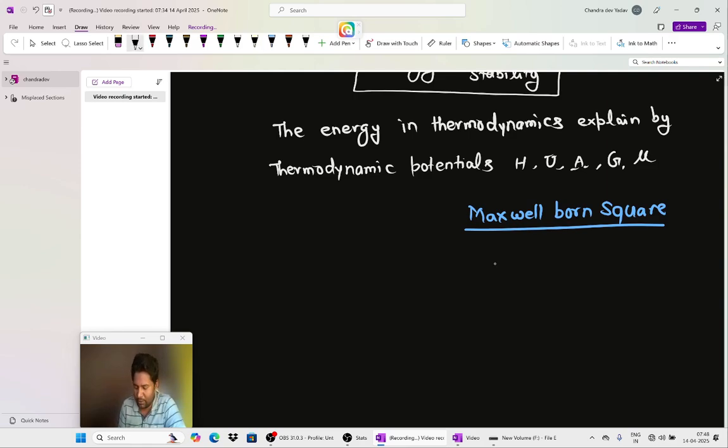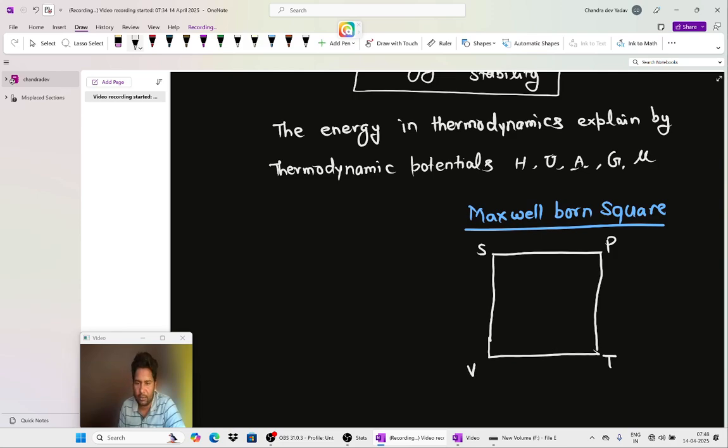We form a square. Right top point pressure, left top point entropy, right bottom temperature, left bottom volume.